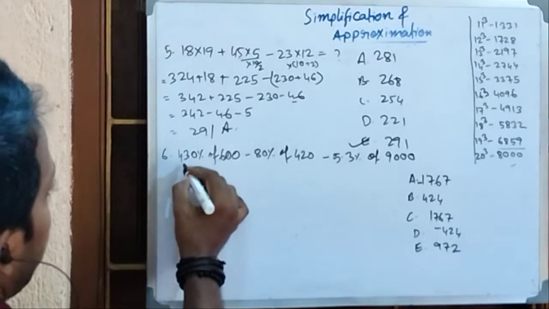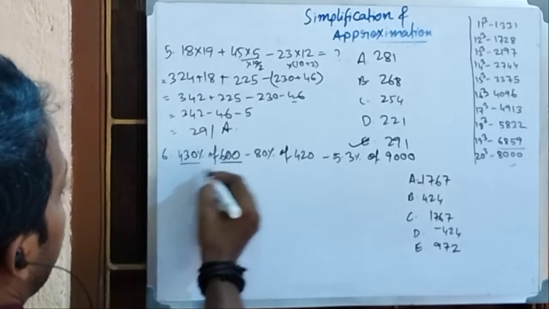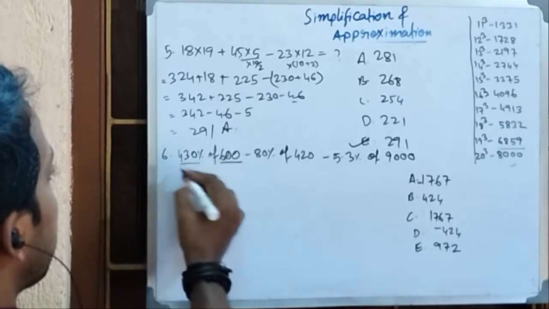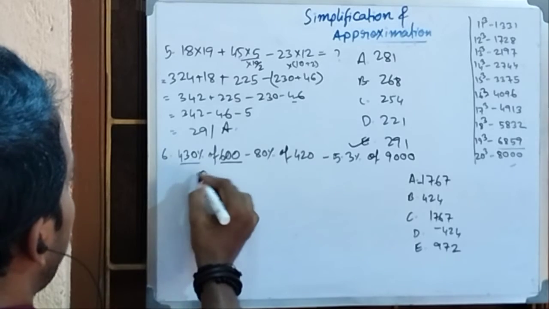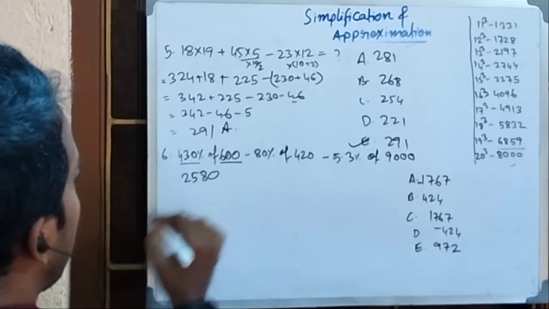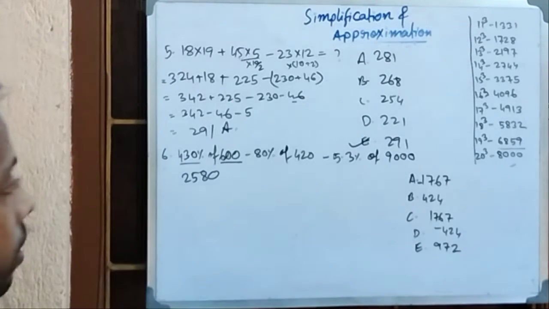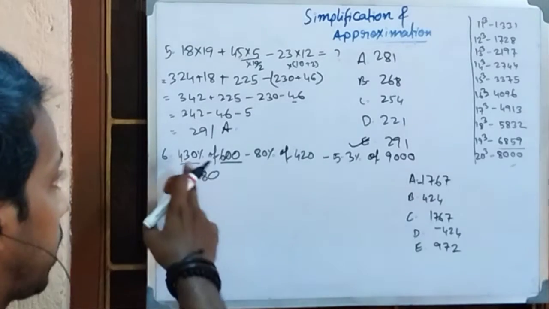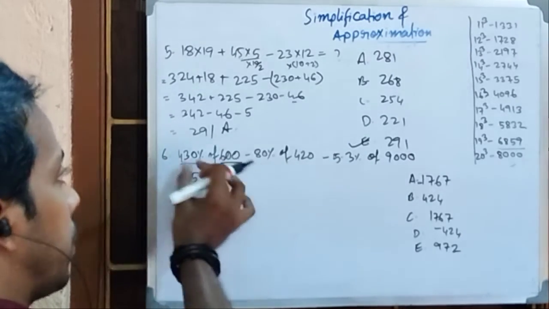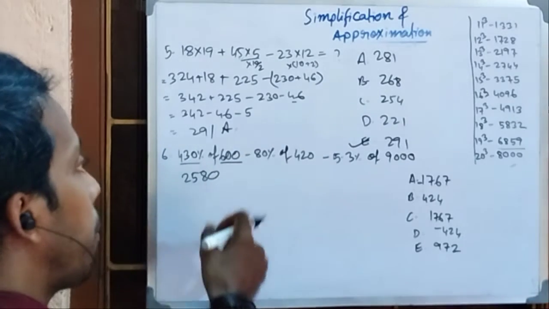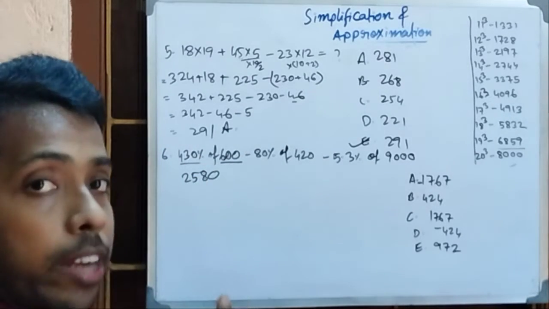See, for 30% of 600, I have to take 600%. Why? Because 600% means this number multiplied by 6. So 8, 6, 4, 24, 24, 25. So 2580 is the number. In just one go I can calculate it, right? For 30% of 600, can we take it as 600% of 400, and 600% means just the given number multiplied by 6.